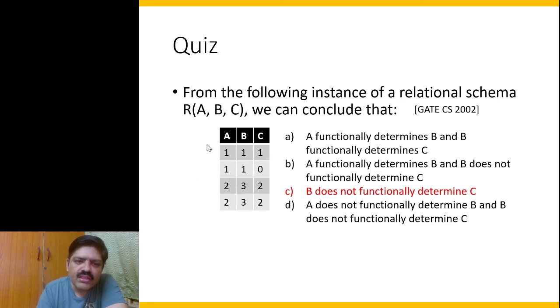But one counterexample is sufficient to say that something does not functionally determine. So given an instance, the only thing we can say about functional dependency is what kind of functional dependencies do not hold. B does not functionally determine C because B in the first tuple has a C value of 1, but B in the first tuple has a C value of 0.